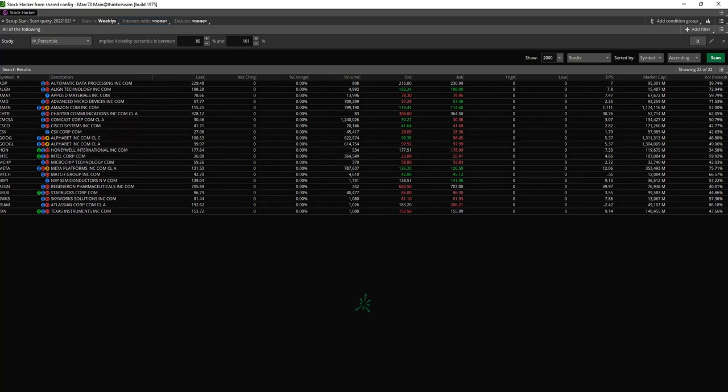Okay, so what Arthur's saying: the more anticipatory move expected, the higher the cost of the option. That is implied volatility. The more expensive the option, the more they expect the stock to move. Is that what you're saying, Arthur? Yeah. Great stuff, folks. Thank you very much. Very interesting stuff.